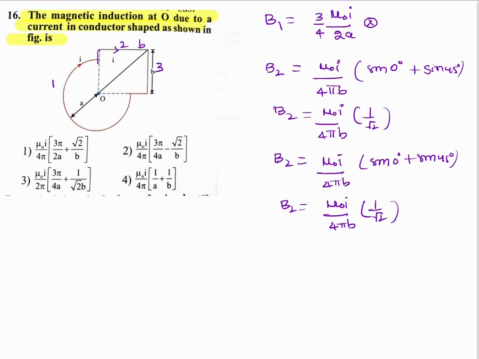The magnetic field due to the third segment at its center is inwards by the right hand thumb rule, and the magnetic field due to the second segment at its center is also inwards.